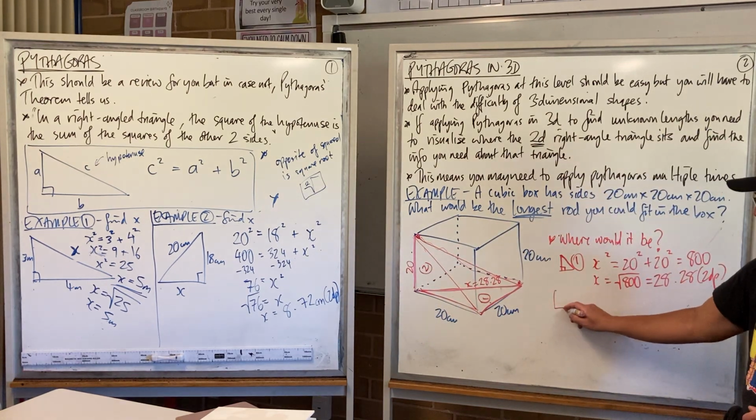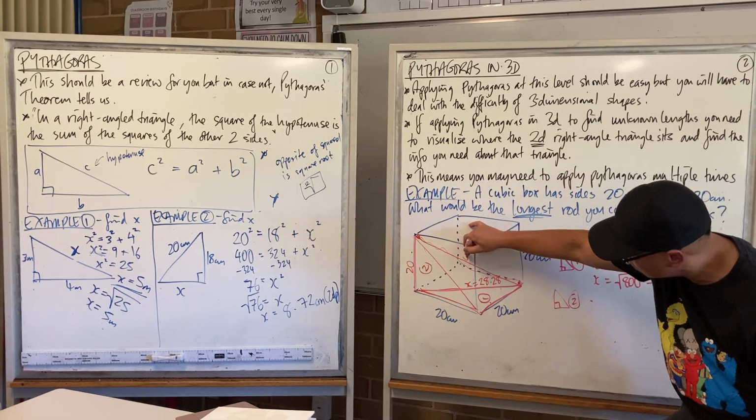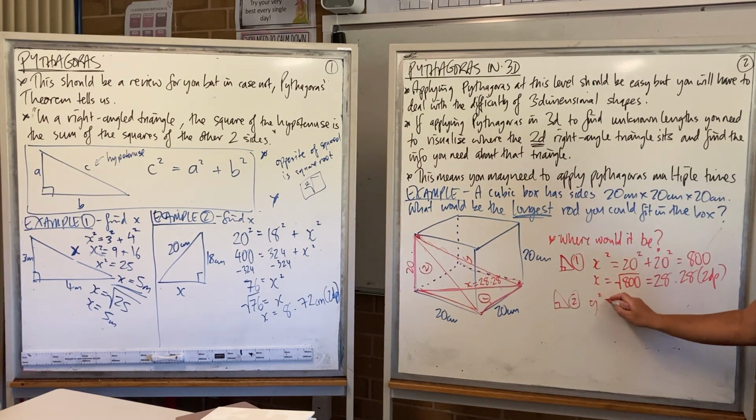So triangle 2. Let's call that y. y squared equals 20 squared plus 28.28 squared. Let's add those together. 28.28 squared plus 400 comes to 1199.76 to 2 decimal places.